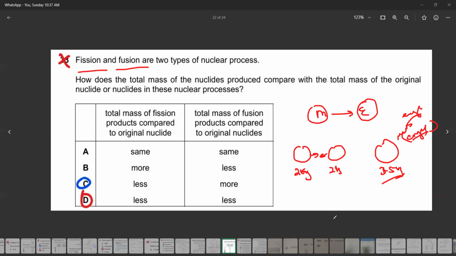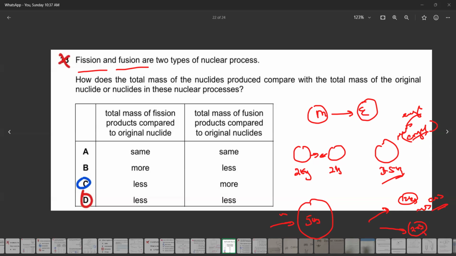Same thing in a nuclear fission. When we have a heavy nucleus, let's say 5 kilogram, and you break it down into lighter nuclei, maybe this is 2 kilogram and this is 2.5 kilogram. What happened to the remaining 0.5 kilogram? It will convert into energy.